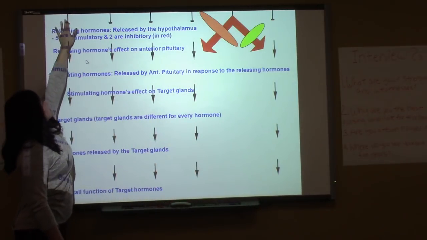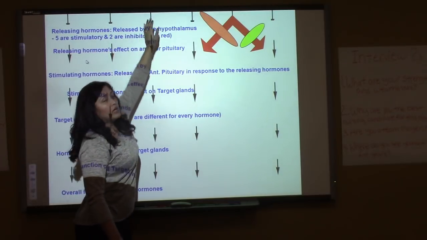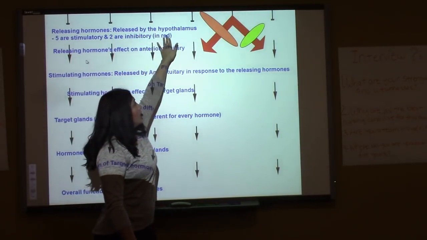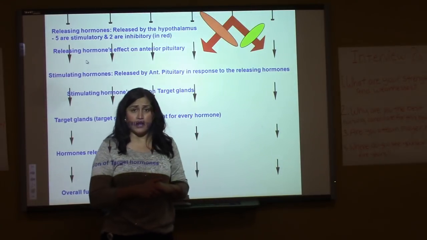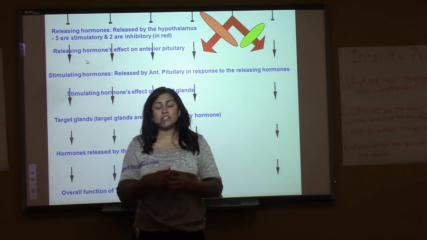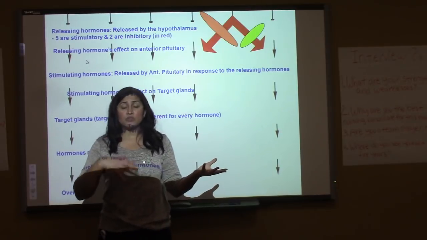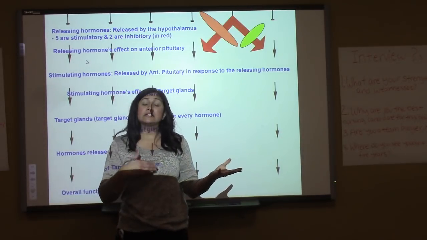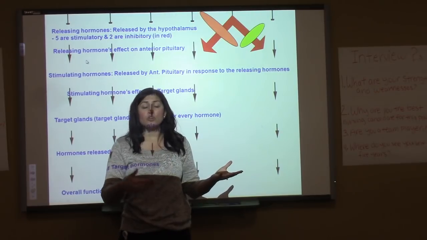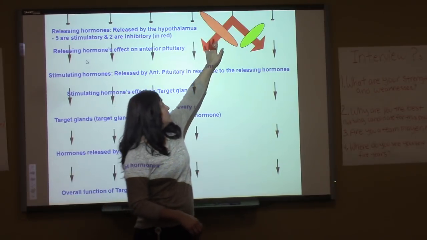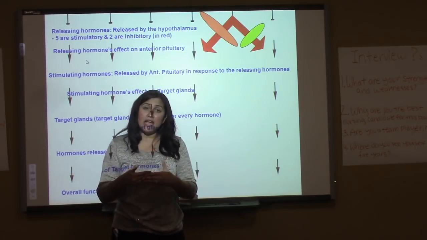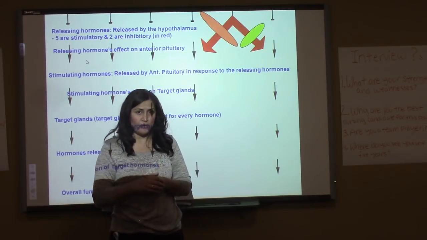So right here is the hypothalamus. This space right here are the hormones released by the hypothalamus. The hypothalamus releases stimulatory hormones as well as inhibitory hormones. 5 stimulatory hormones, meaning they stimulate the anterior pituitary to release hormones in turn. And they release 2 inhibitory hormones, which are in red, meaning they inhibit the anterior pituitary from releasing hormone.